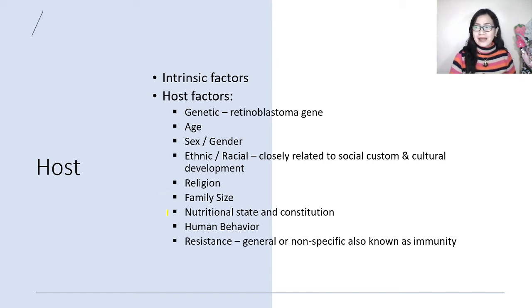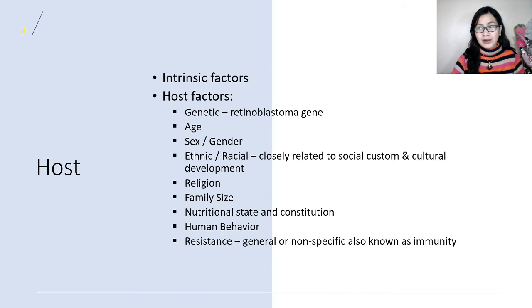Next you have the nutritional state and its constitution. What are the eating habits and practices? How about human behavior? For example, is this individual taking care of his health?